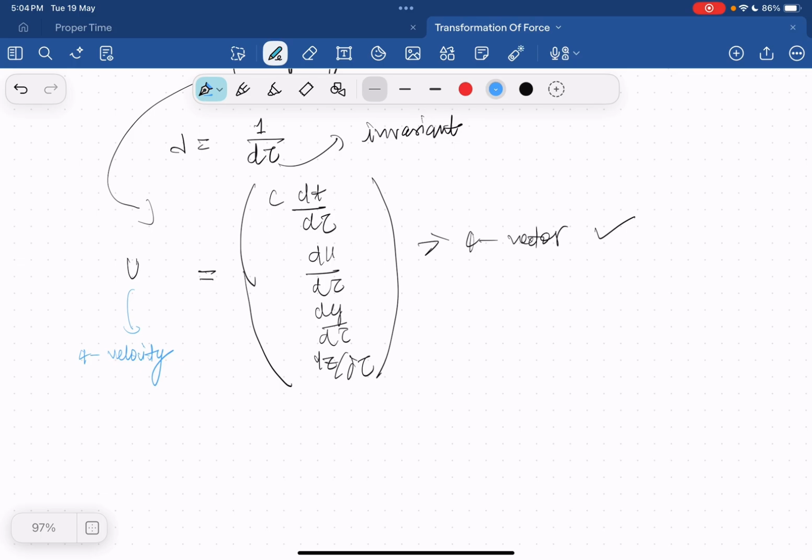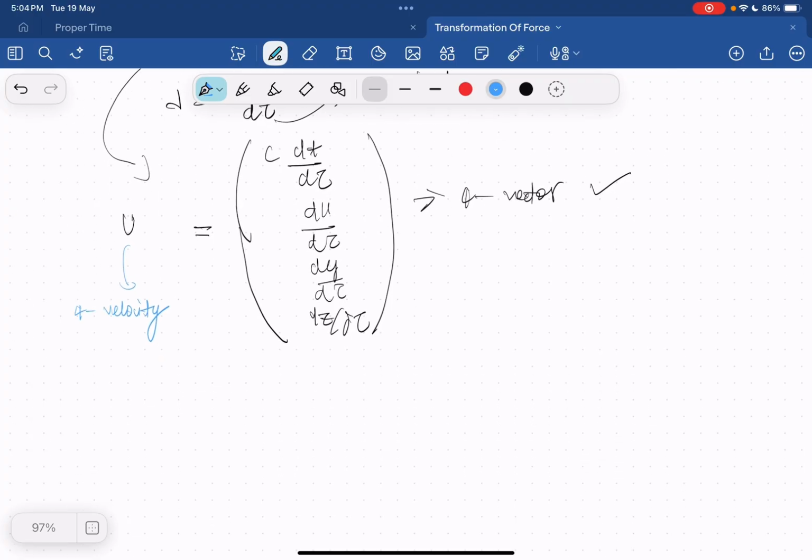So four velocity is the derivative of the position four vector ct, x, y, z with respect to the proper time tau, right?